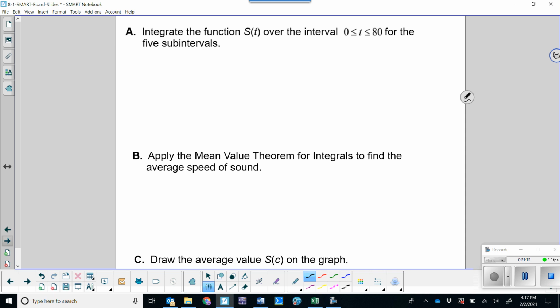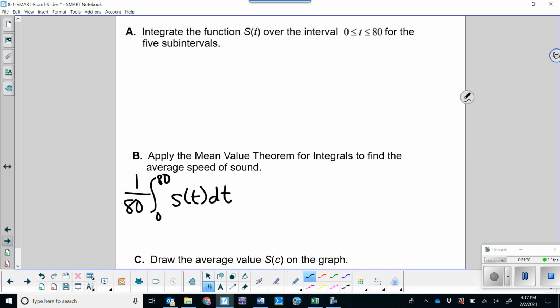So part B says, apply the mean value theorem for integrals to find the average speed of sound. Well, what that means is I need to do the entire integral from 0 to 80 of s of t dt and then divide it by 80.